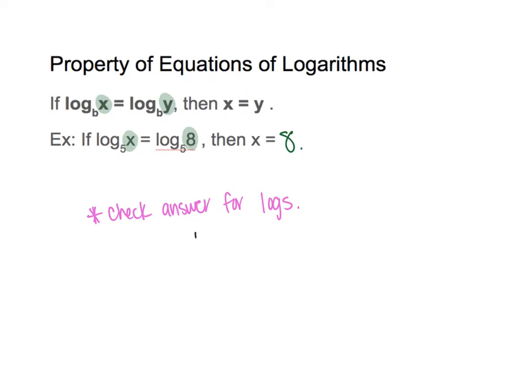That means when you have a log, you have to make sure that inside the parentheses you can't have a 0 or a negative number. Because if you do, that means your answer is going to be no solutions. So you have to make sure that you don't get 0 and you don't get negative numbers.